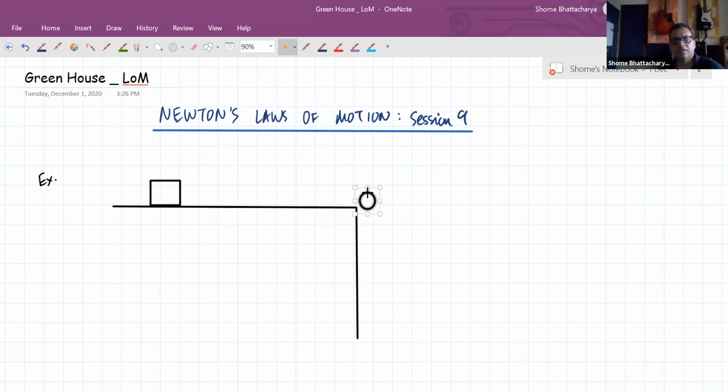So the block is connected via a thread which is going around the pulley, but now the other end of the thread is actually connected to the axle of another pulley.